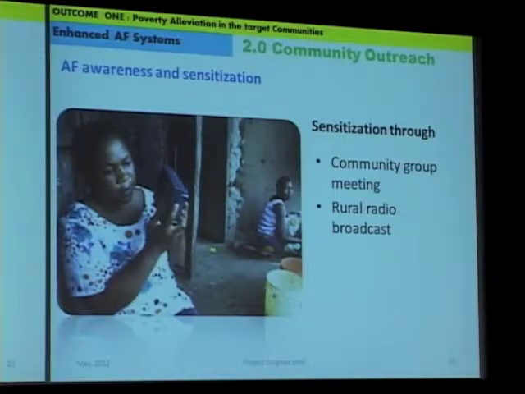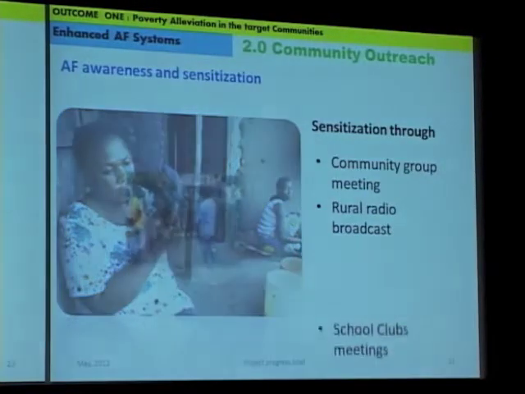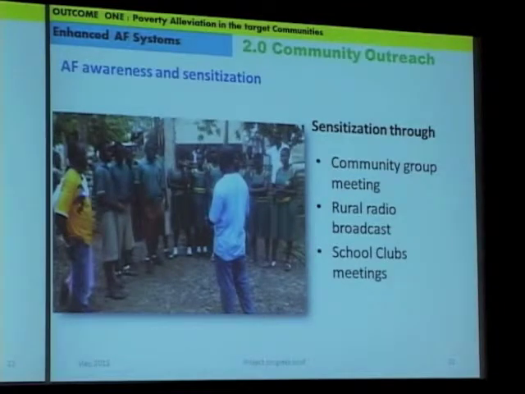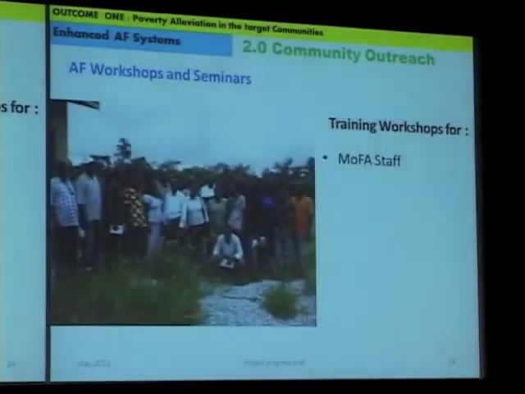And this is the Brong Ahafo regional radio station. They broadcast agroforestry technologies to farmers, and farmers are enthusiastic in listening. Also, the school club meetings is another way of getting awareness through agroforestry.